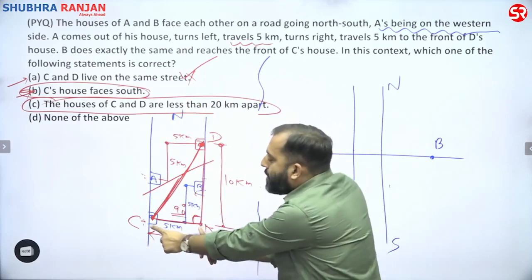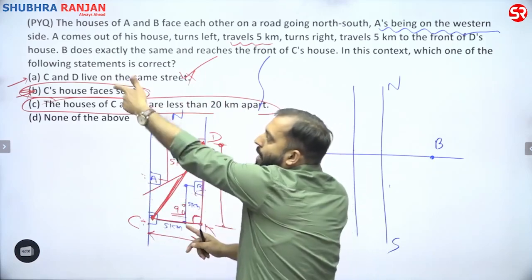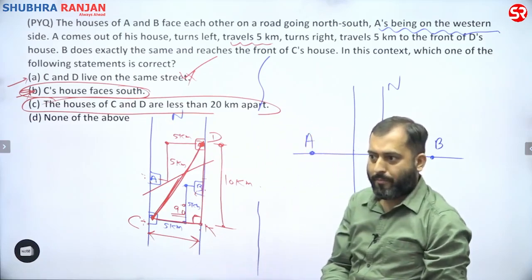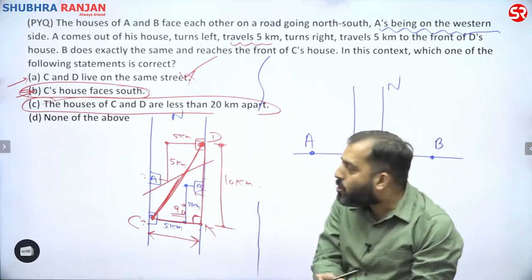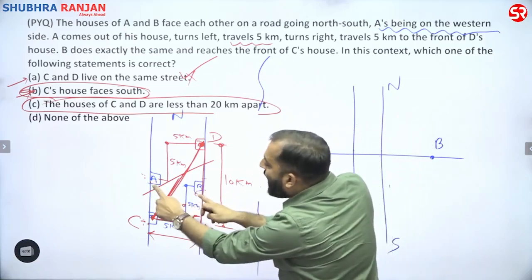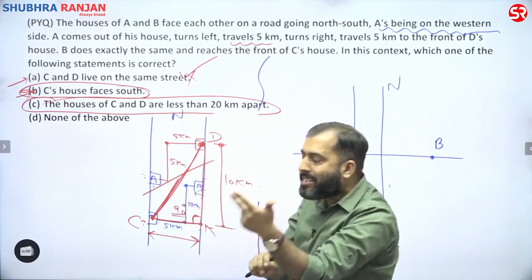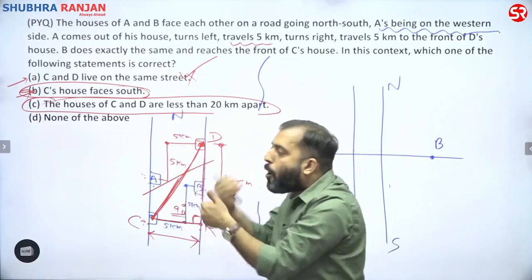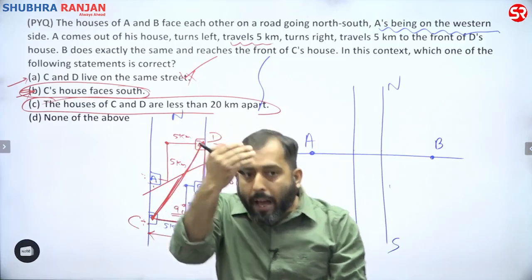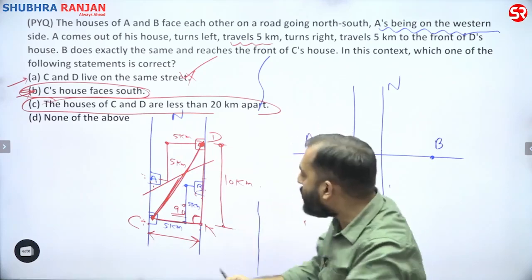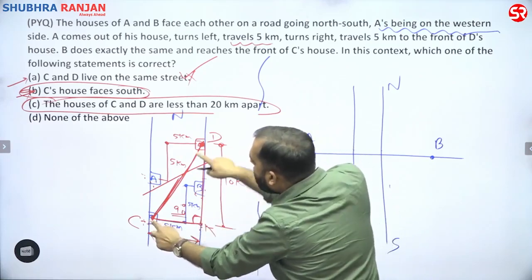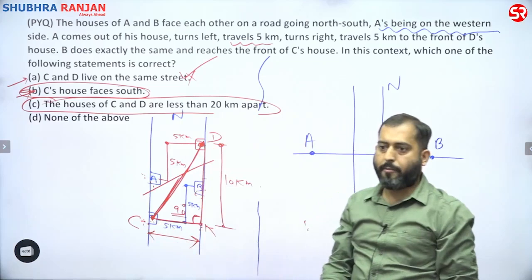If you are taking this distance to be 5, then option A has to be correct also. Getting it, guys? In this question, we do not know the exact distance between A and B, or you can say we do not know the proper positioning of every house. So if I do not know this distance, how will I calculate this distance?